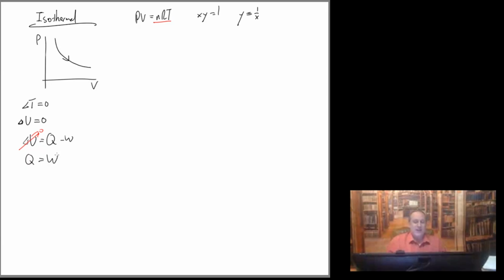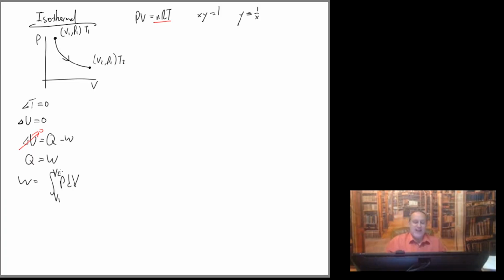Now to find W, we have to actually integrate. We've got one point, and we're going to another point. The first point has coordinates V1 and P1 and a hidden T1, and the second has V2 and P2 and a hidden T2, but T1 and T2 are the same. So we do the integral of P dV from V1 to V2.